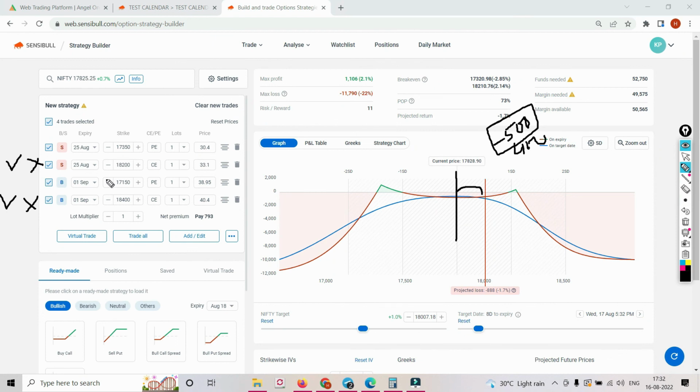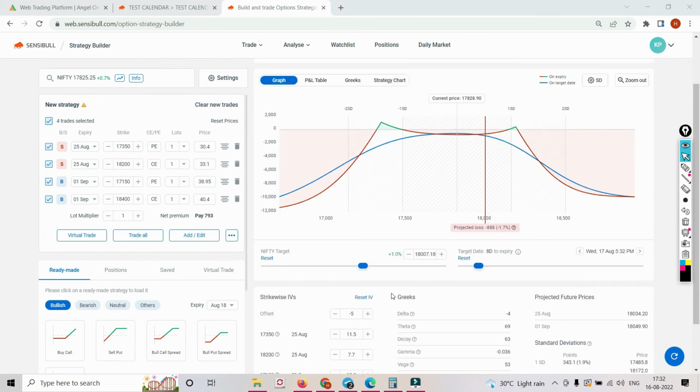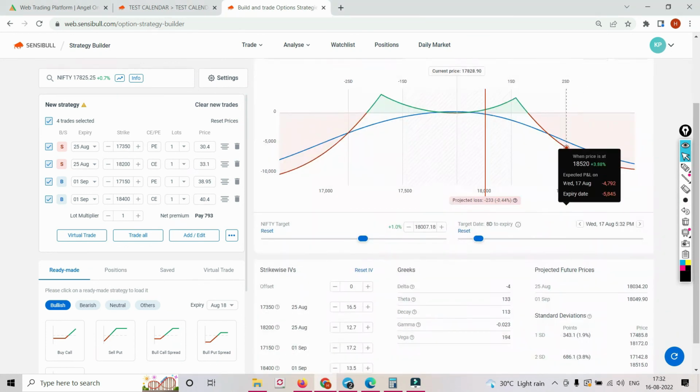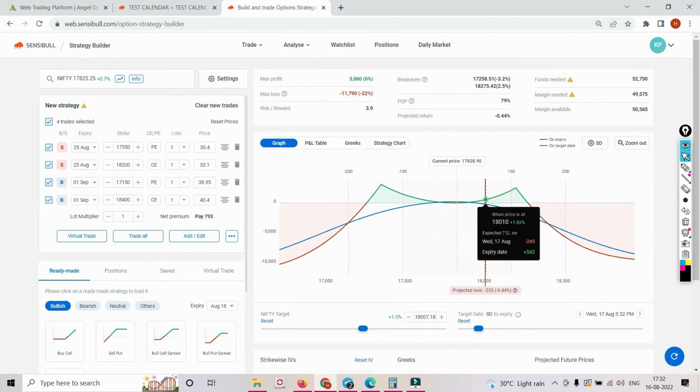Along with that, buy the hedge at, let's say, 18,600 or 18,650, ensuring that you do not have more than 200 rupees spread between your buy and sold. You will be able to make your trade balanced like this. The moment you do this, your trade will be balanced.